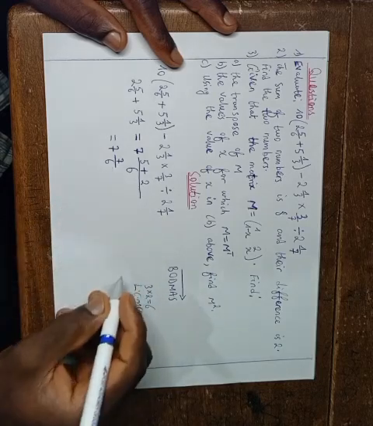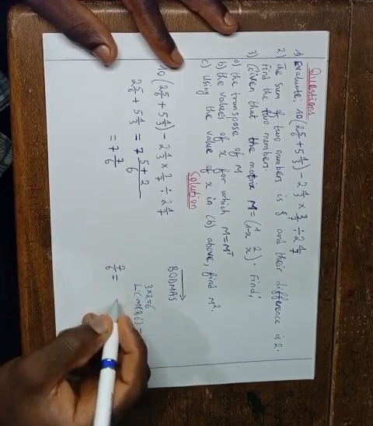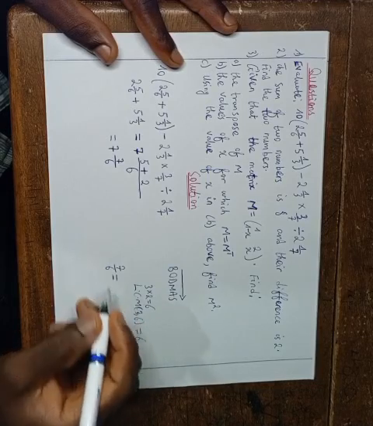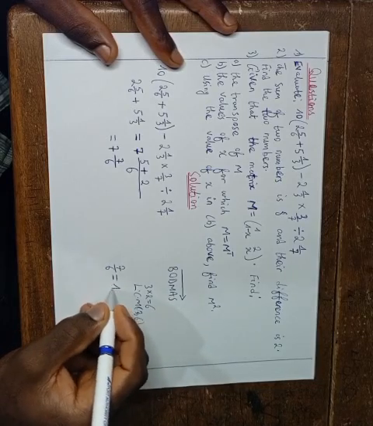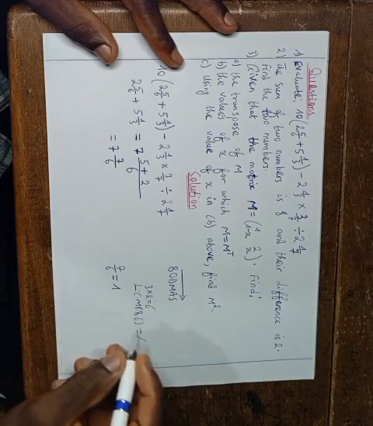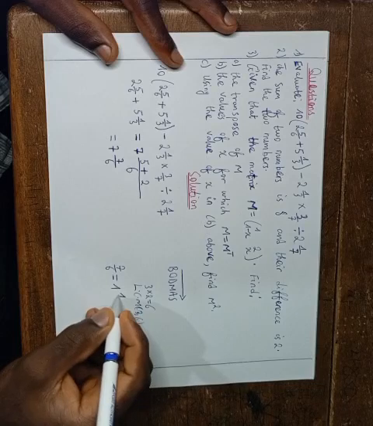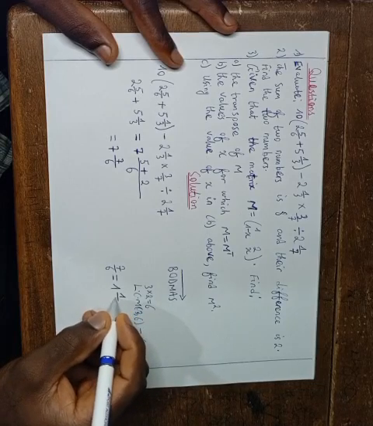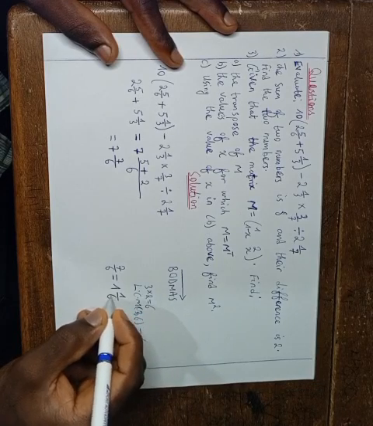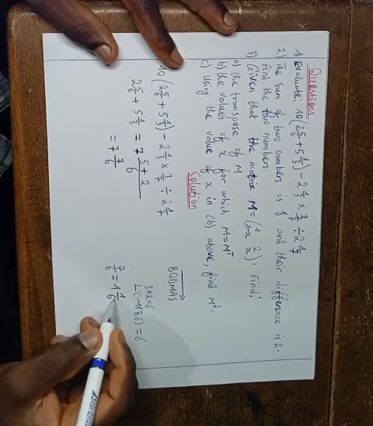In this case, writing the fraction 7 over 6 as a mixed fraction, we divide 7 by 6. The whole number part is 1, remainder 1. The remainder, 1, is to be divided by 6.